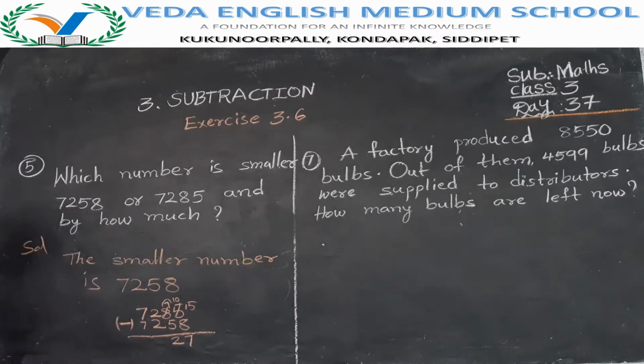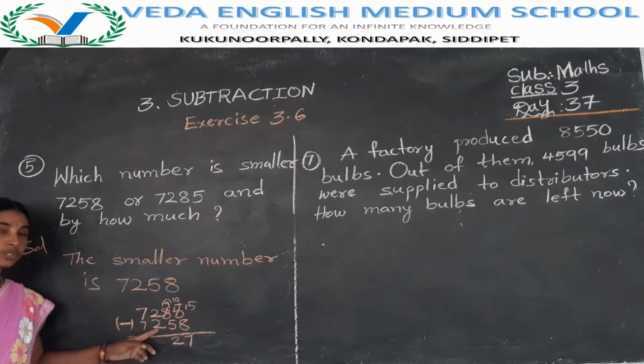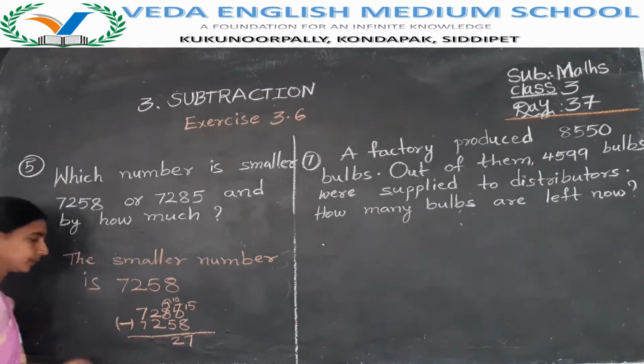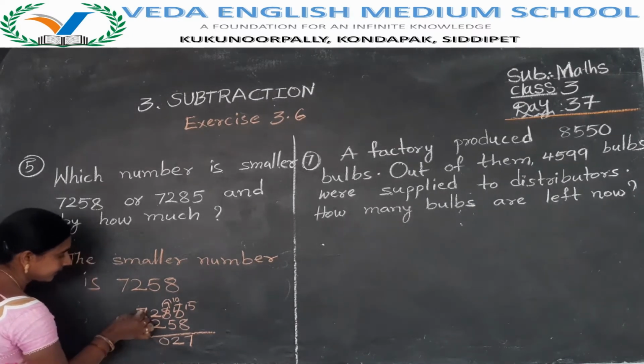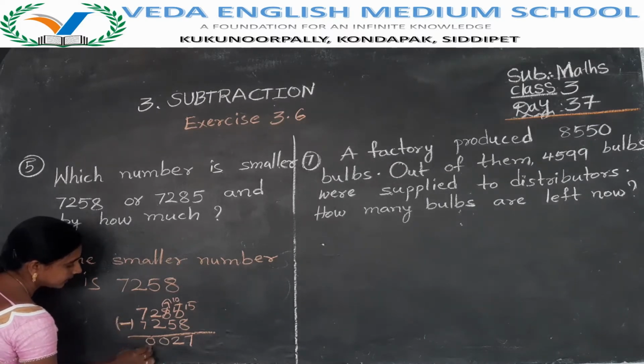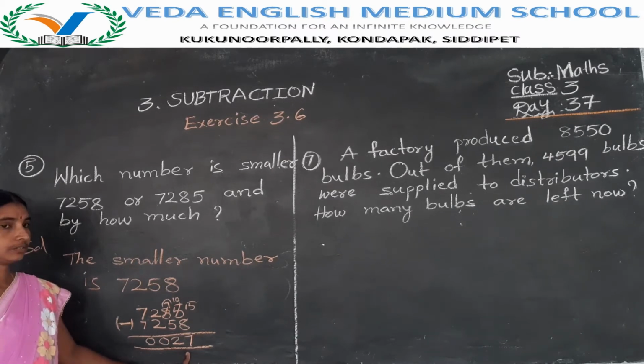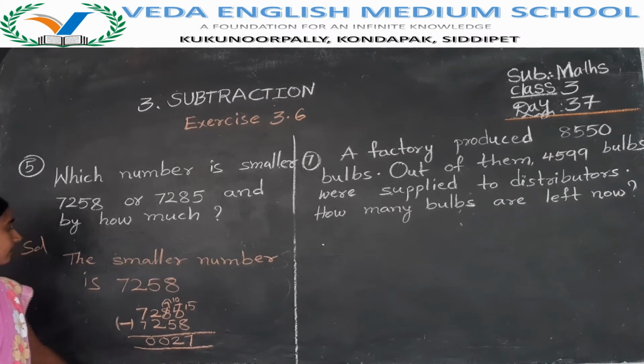The hundreds place: 2 minus 2 is 0. 7 minus 7 also 0. How much is the difference here? 27. The difference is 27.